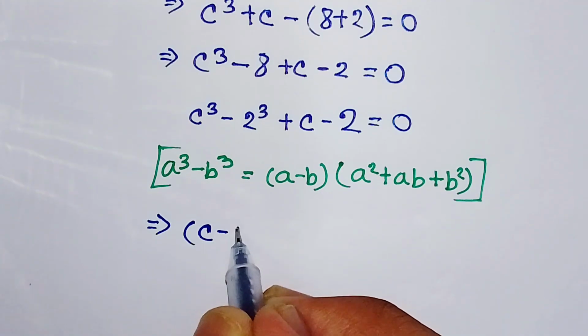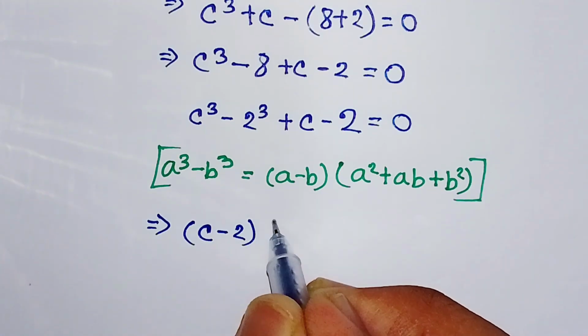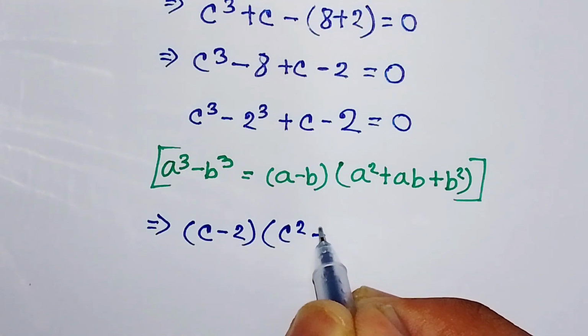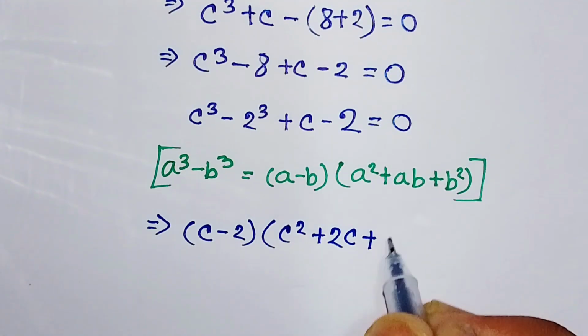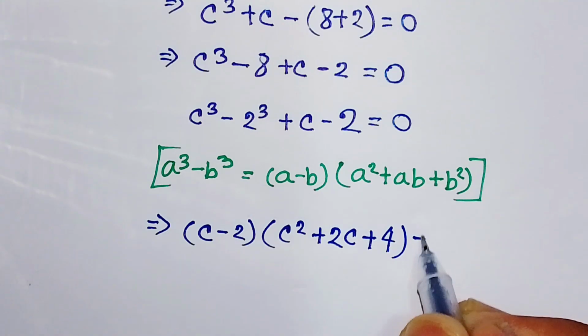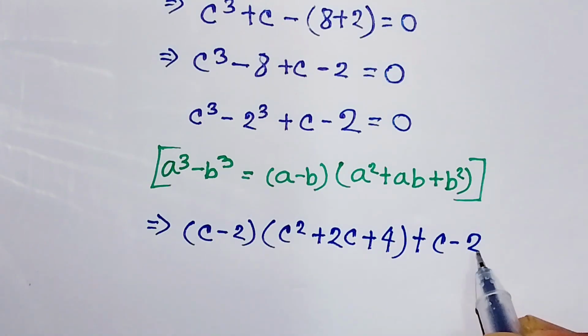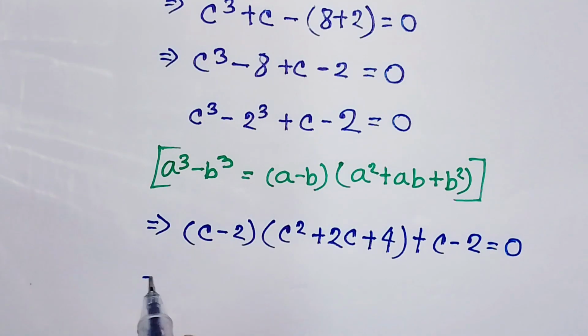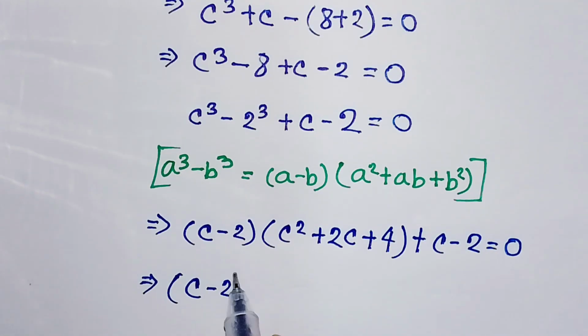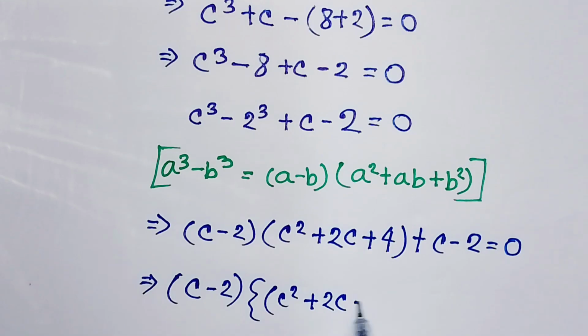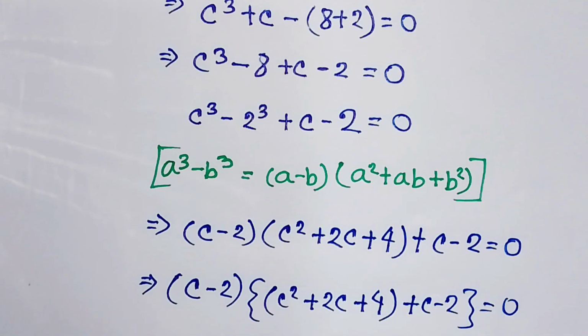So now we can use it: c minus 2 times c squared plus 2c plus 4, plus c minus 2 equals 0. Then we can get c minus 2 in the first bracket and c squared plus 2c plus 4 in the second bracket, plus c minus 2 equals 0.